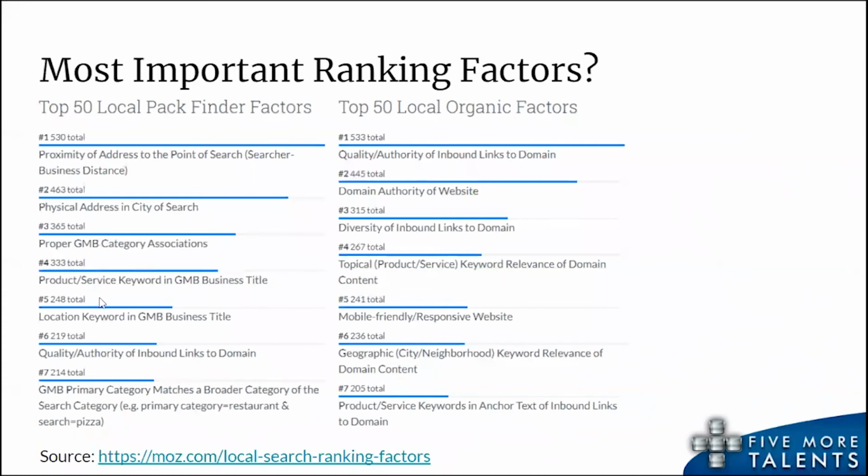Now, these next three, let me try to demystify these. Proper GMB category associations, product service keyword and GMB business title, location keyword and GMB business title. GMB stands for Google My Business.